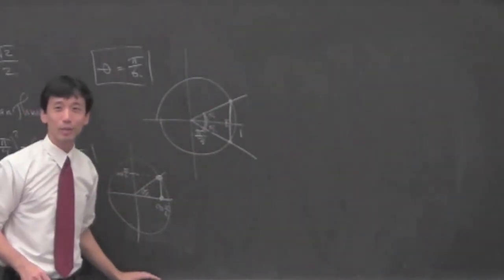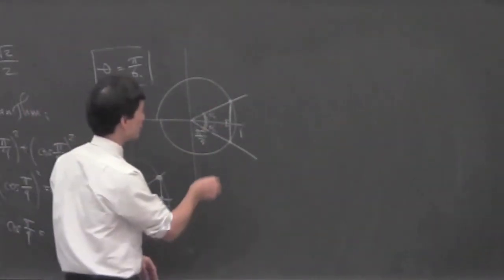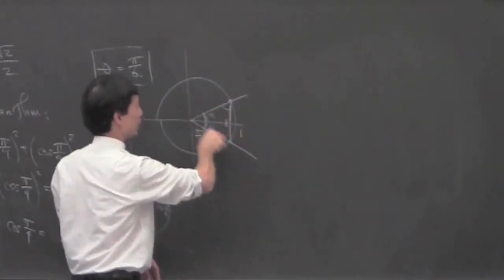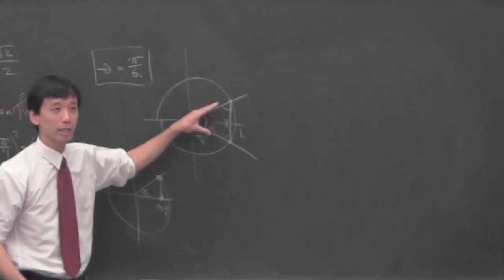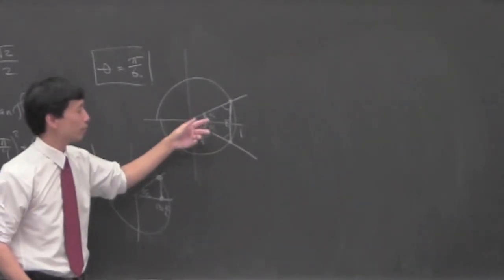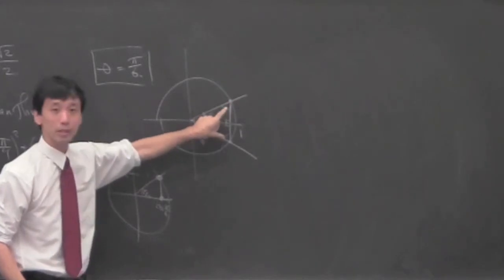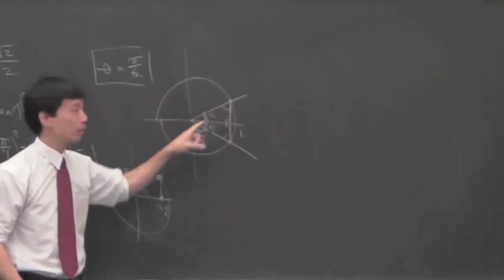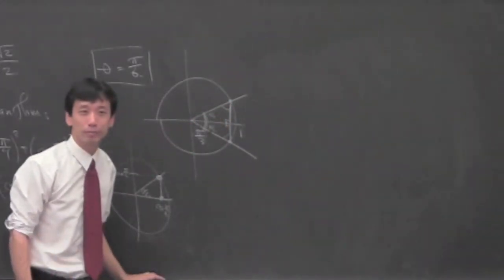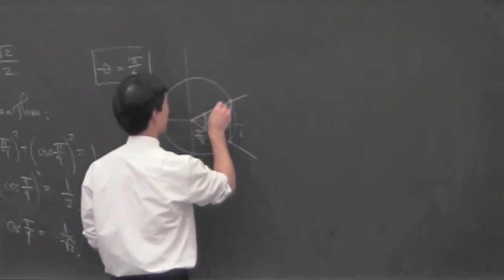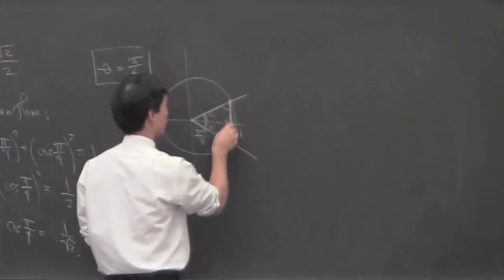They're also 60 degrees, because the sum of angles is 180. If this one took up 60, there's 120 left, and so each of them gets 60 as well. So what do you notice? It's an equilateral triangle, right? So this guy here is equilateral.